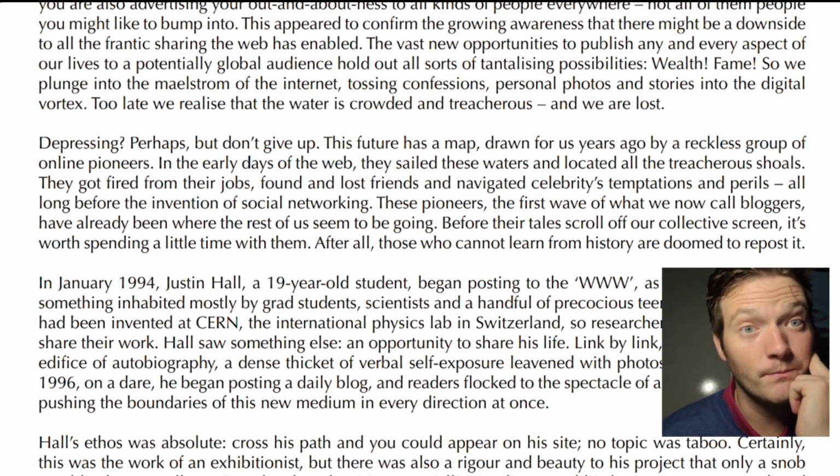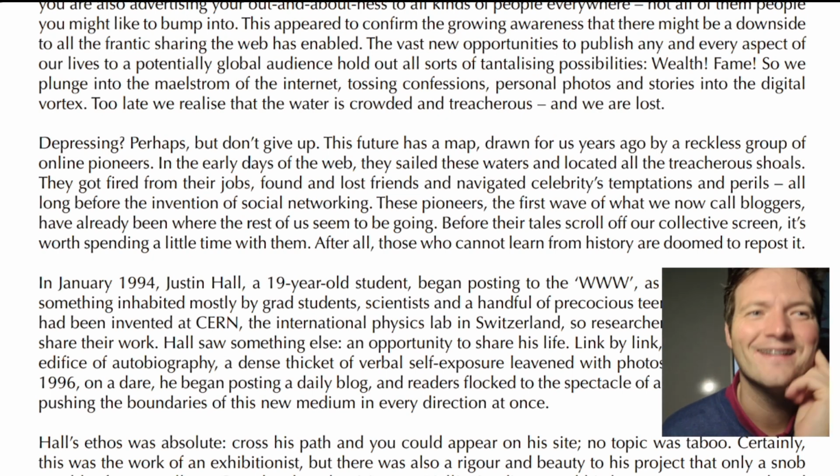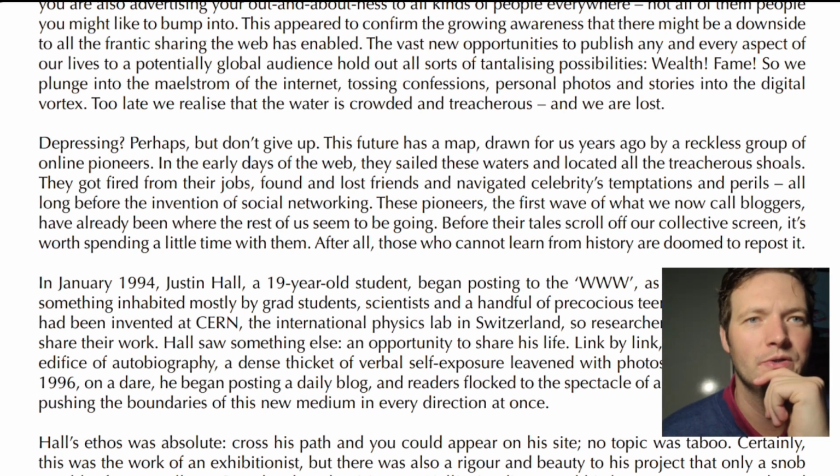They got fired from their jobs. Yeah, that never happens anymore. They got fired from their jobs, found and lost friends, and navigated celebrities' temptations and perils, all long before the invention of social networking. Right, yeah, okay.